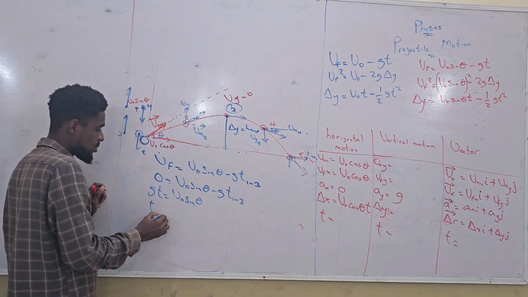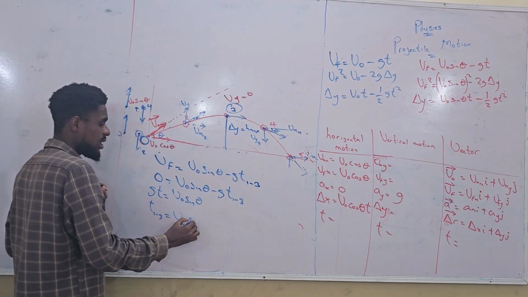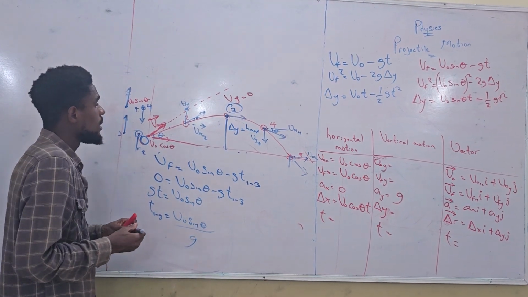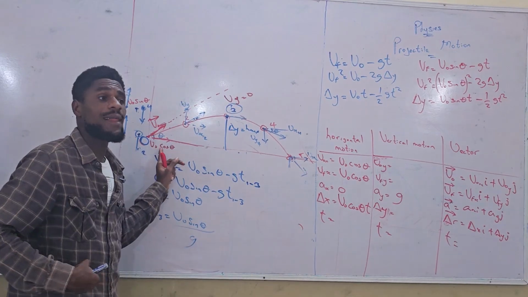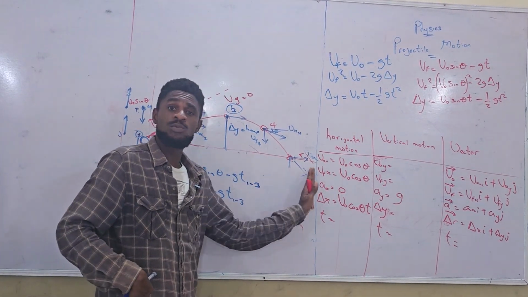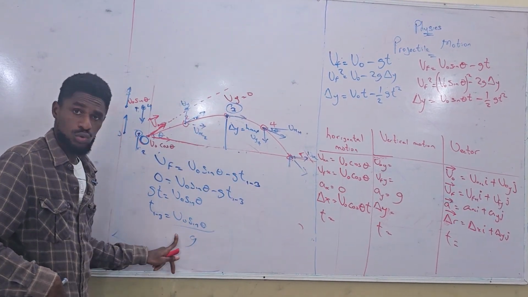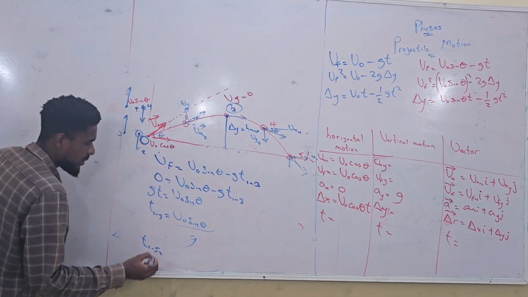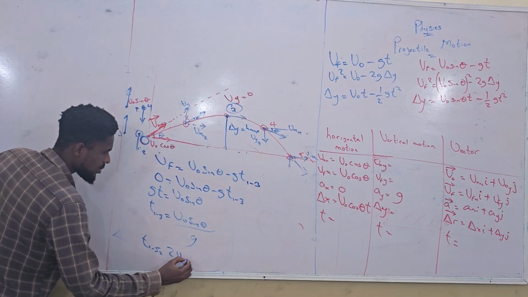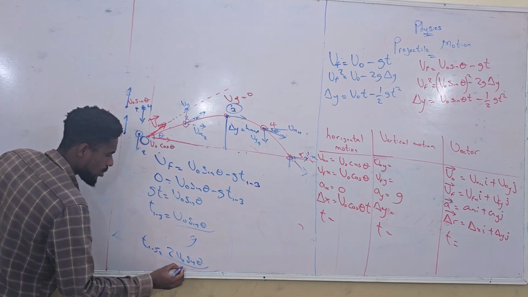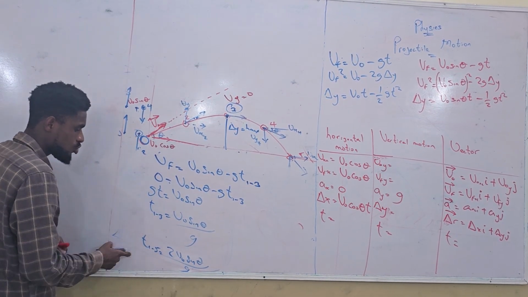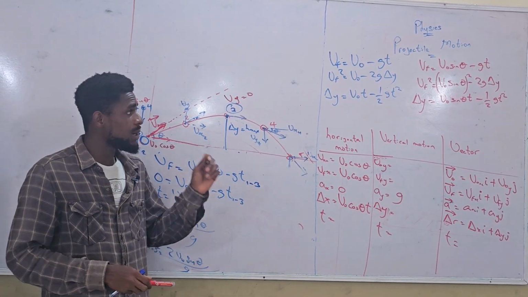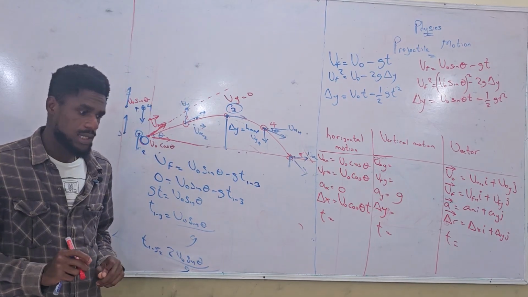So t from 1 to 3 will simply be V naught sine theta all over G. If I simply want to find the time of flight for the whole course of this motion, then what do I want to do? So t from 1 to 5 will be equal to 2 V naught sine theta all over G. So that's the equations we talked about as far as symmetric projectile motion is concerned.